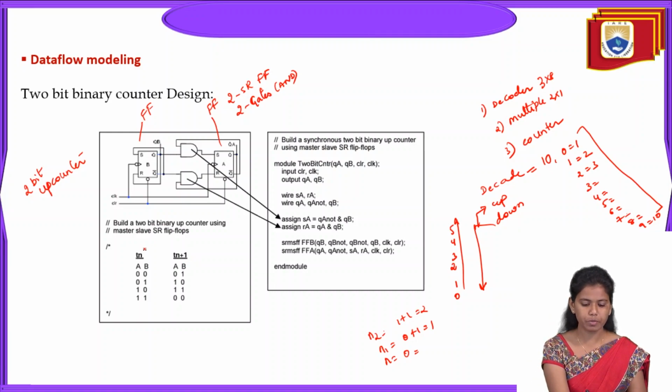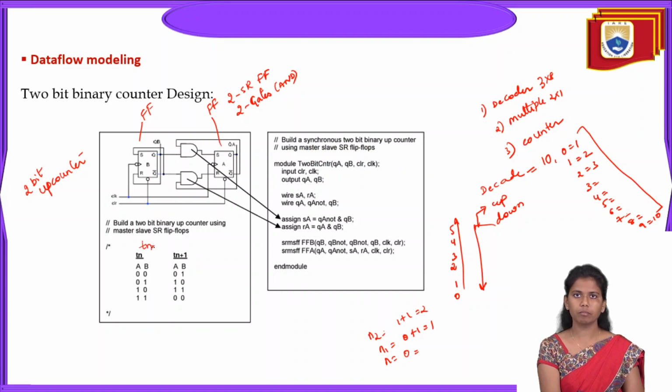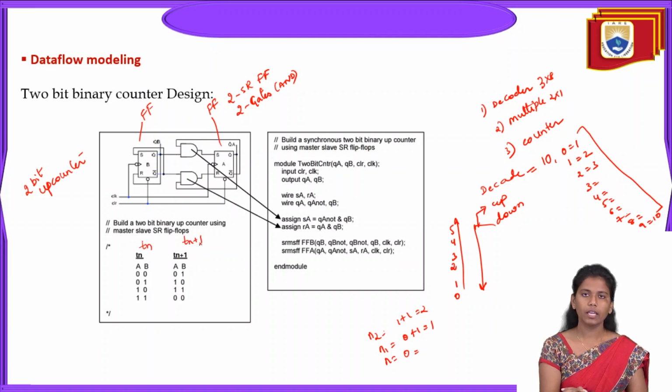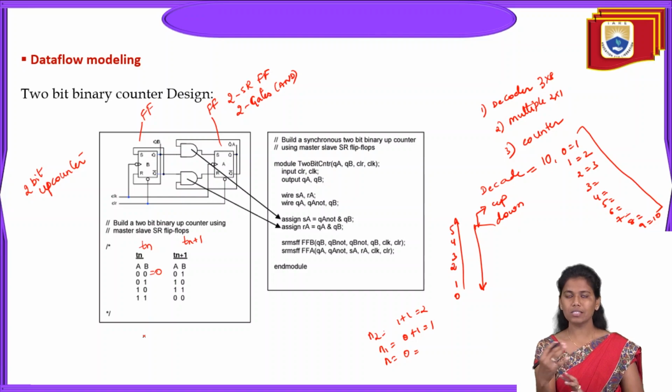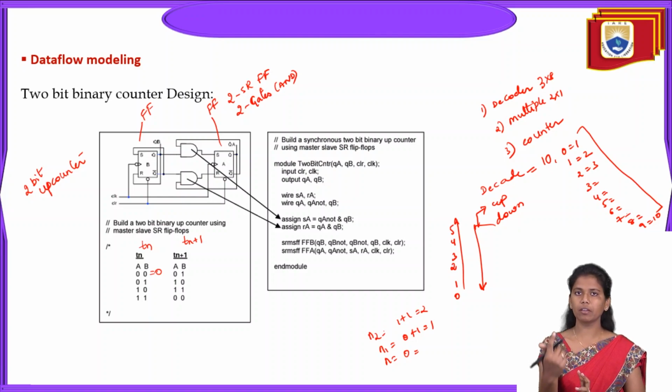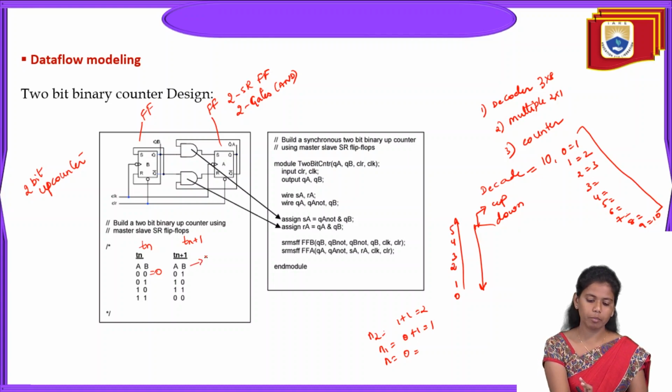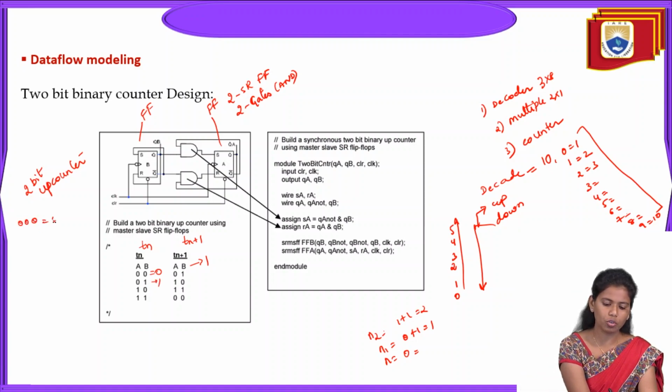So here we represent Tn as the basic bit and Tn plus 1 as the incremental bit. If you see 0 0, it is 0, right? Then what is the output when you increment 0 plus 1? My output has incremented to 1. And then it is 0 1, 1. In the binary bits we all know 0 0 0 is 0, and then to the 0, I am incrementing by 1, so 0 0 1 is 1.